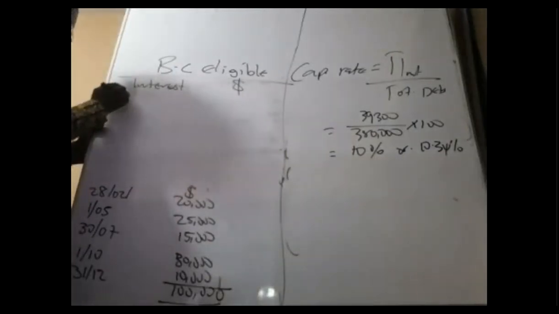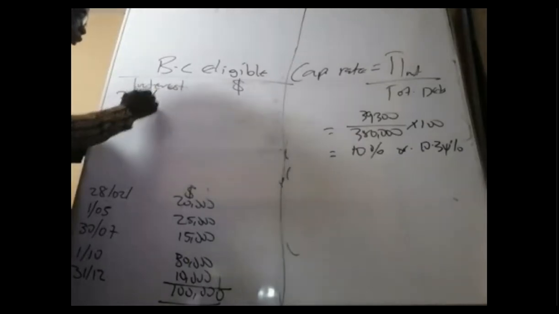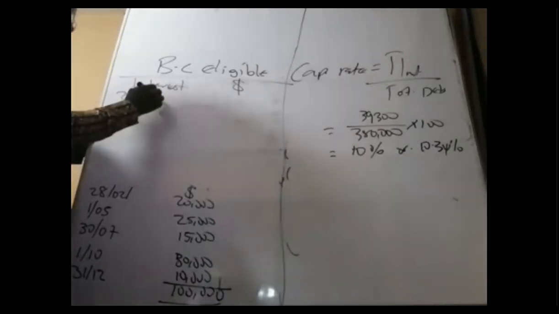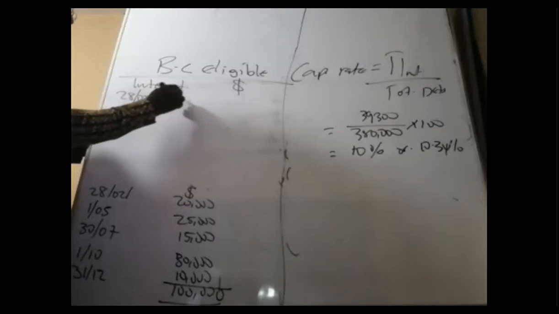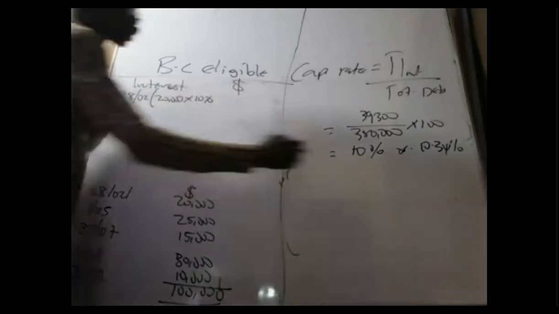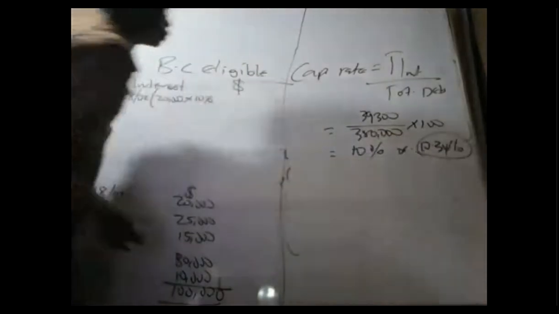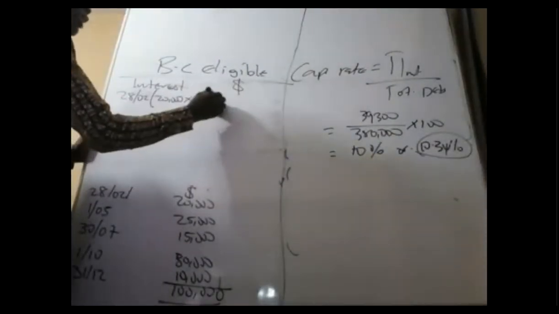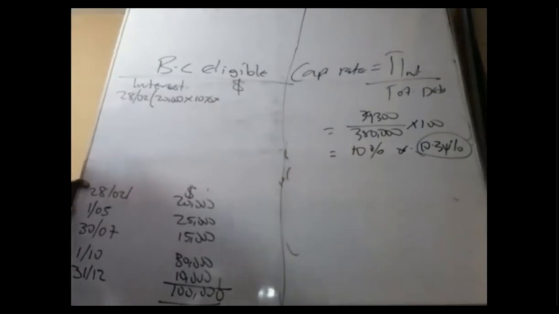Now the first one was 28th of February. So on 28th of February, what will be the borrowing cost? The 20,000 times the capitalization rate of 10%, or you can also make it 10.4, times how many months? From 28th of February to the end of the construction, how many months?